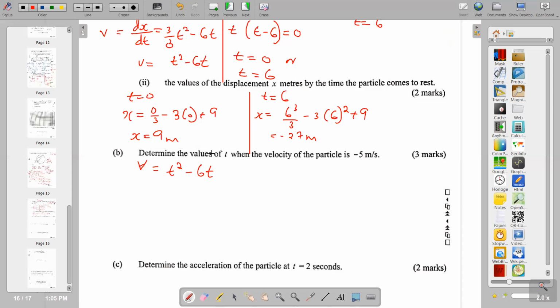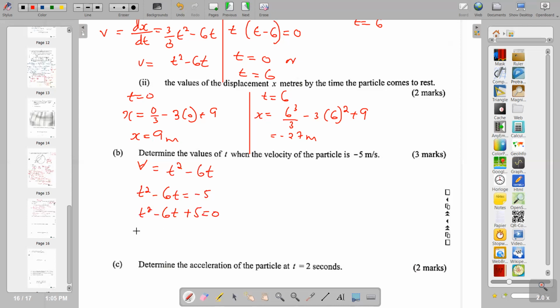Now you are asked to find the value of t when velocity is negative 5, so we substitute v with negative 5. We have t squared minus 6t is equal to negative 5. So that would be t squared minus 6t plus 5 is equal to 0.